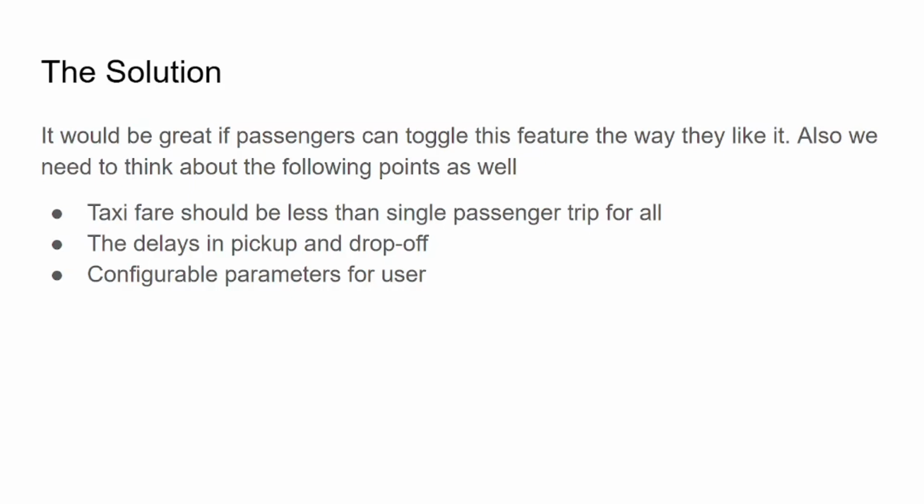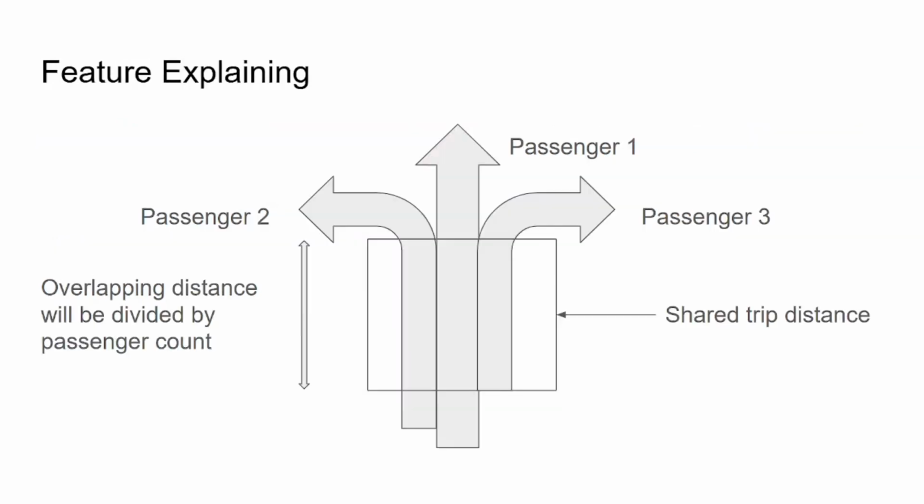So moving forward, this is the very basic diagram for this explaining, right? As you can see, passenger 1 is the middle one, and then passenger 2 goes this way, and then passenger 3 goes this way, right? And as you can see, these three passengers have a shared trip distance like this.